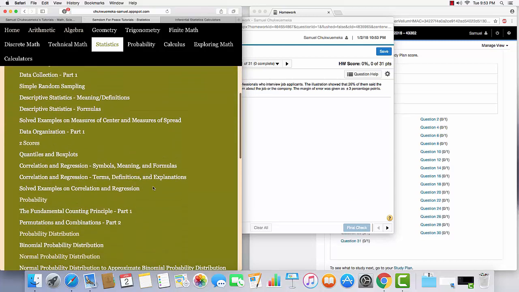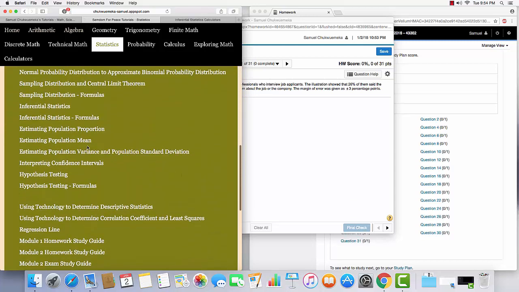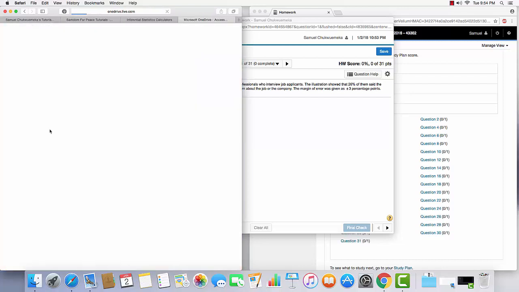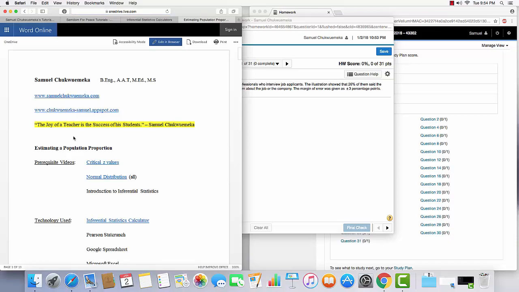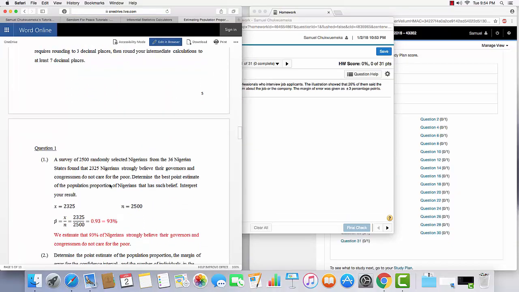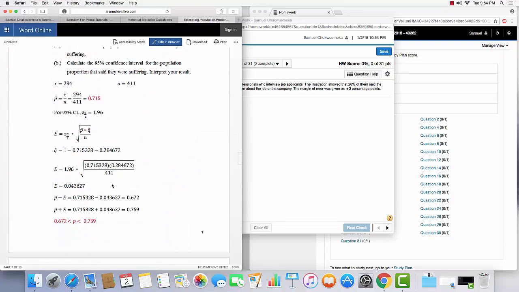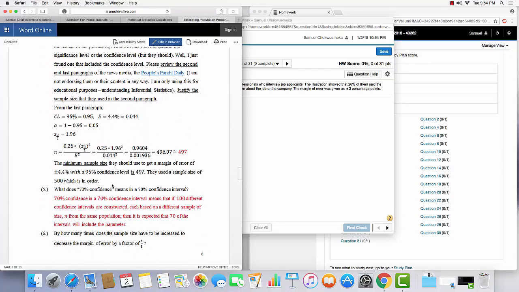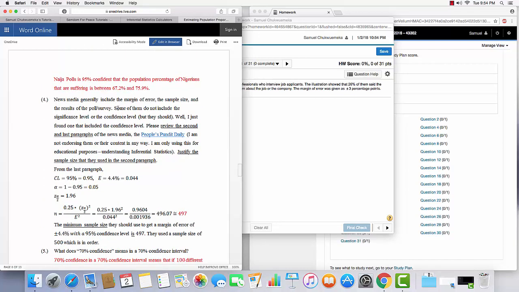So I'm going to go to notes, and I go to estimating population proportion. I think there's an example that I talked about here about news media. So news media, they include the margin of error, sample size, results of the poll.